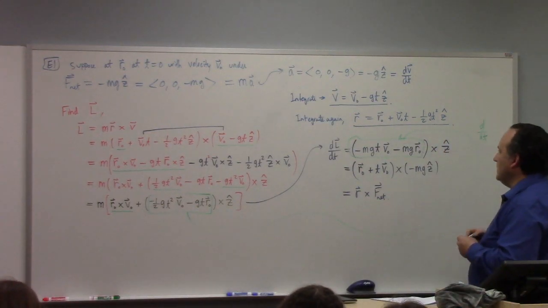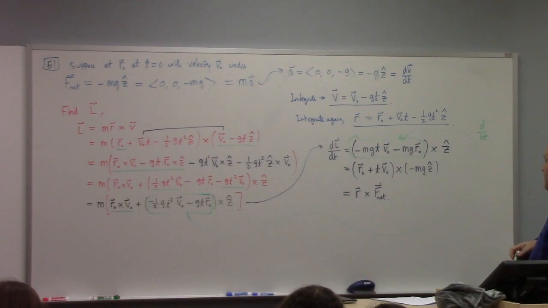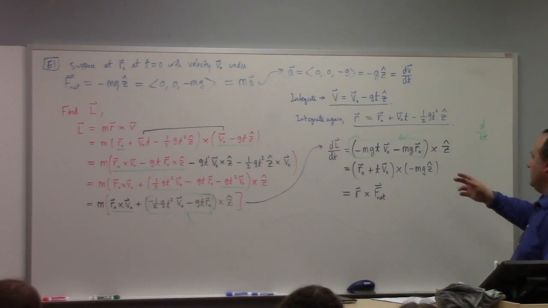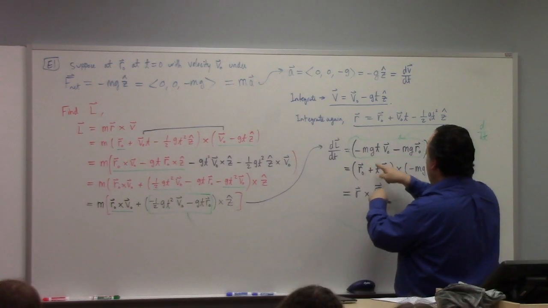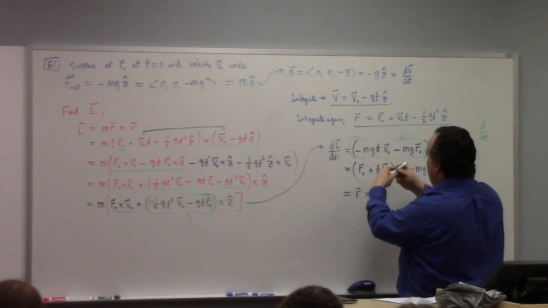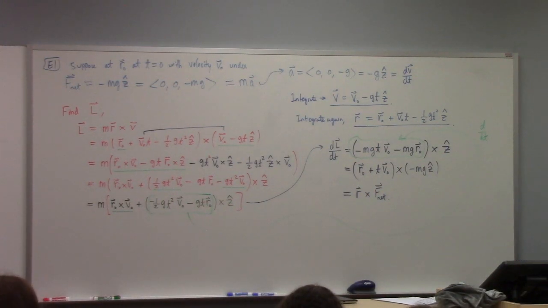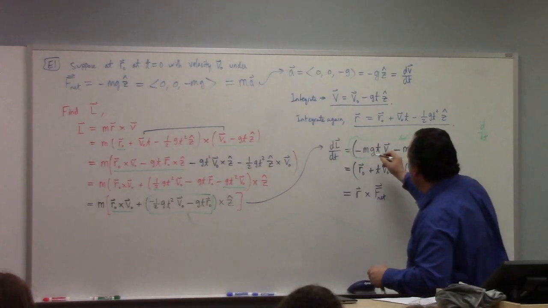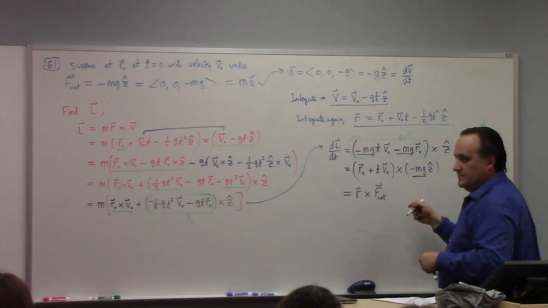That r doesn't match the r above, so I flipped them. So this one came first, and that one came second. Notice that I kept the t and the v naught, but on both of these I had a minus mg, right? This minus mg is here and it's here, so I factored it out to there.